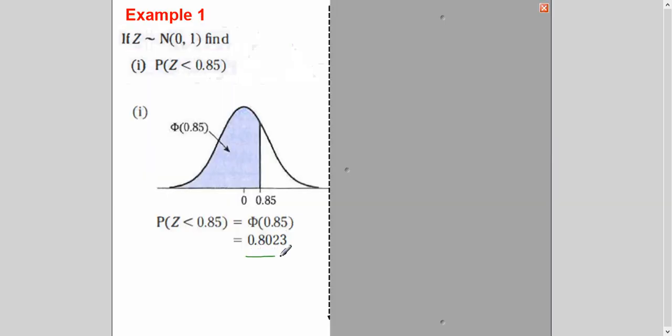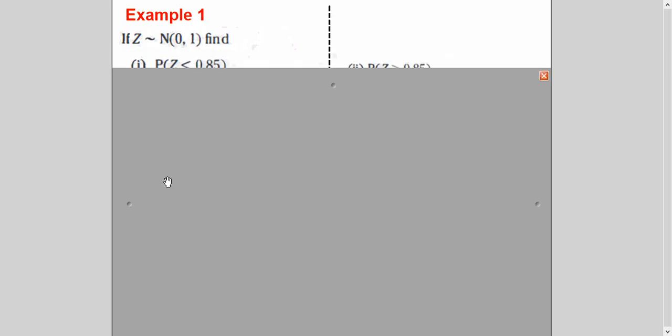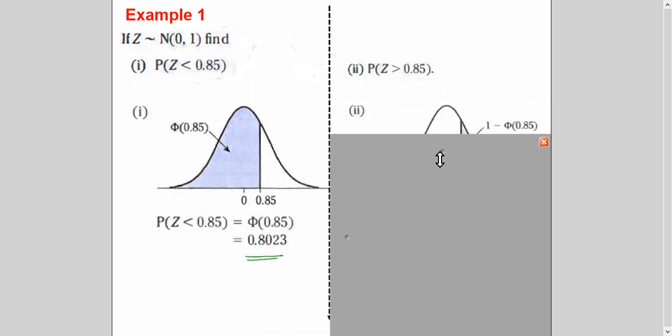So the probability is 0.8023 because z was positive, the table has positive z values, and the table gives us left-hand side area. No problem, easy question. Now here I am saying right-hand side area, and I have just told you that you cannot get the right-hand side area from the table.